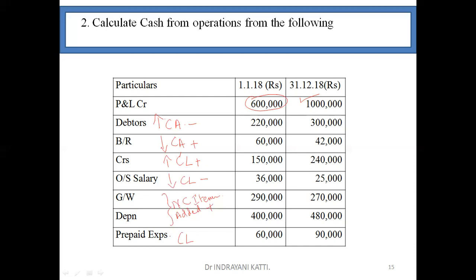So increase in current liability is again added. At the end, we have to deduct this 6 lakh from all these adjustments. So this 6 lakhs is to be deducted at the last stage, and we finally derive cash from operations. I hope you will practice the same problem at your home. Okay, so do it.